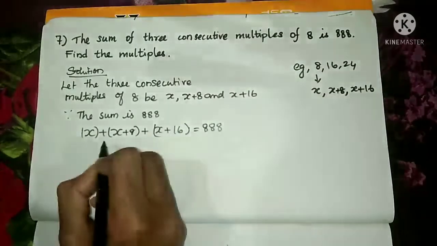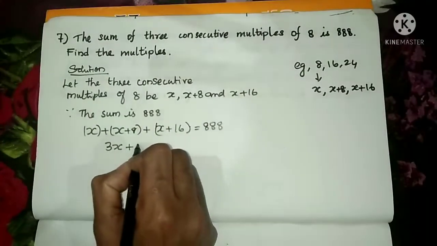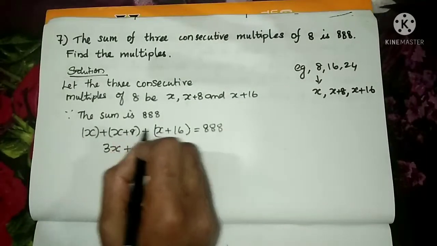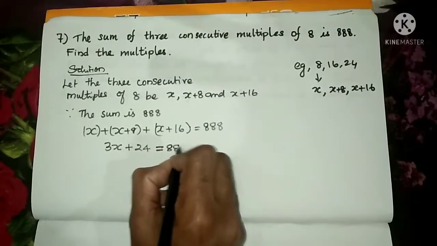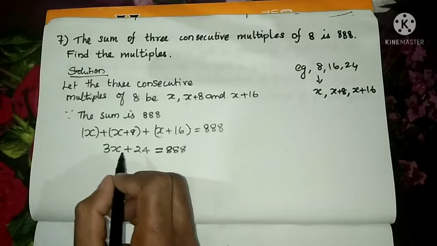When you add these three, we get 3x plus 24 equals 888. Now 24 we can send to that side.